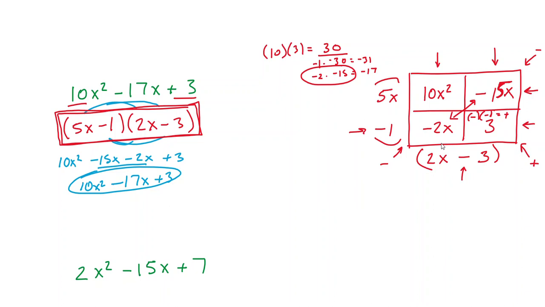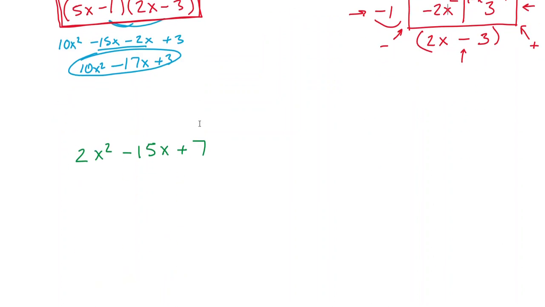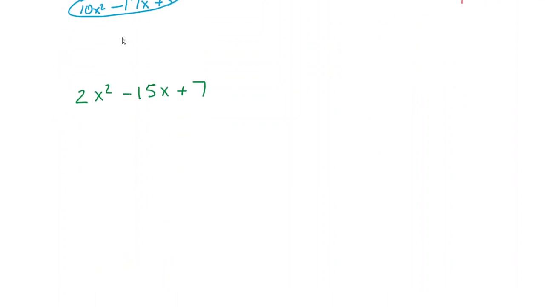Okay, does that make sense? I hope you're able to follow, that's not too big a deal. I want to point that out to you because that's the only little tiny trick in this method. Okay. Those people using the X method are probably laughing at me right now. That's okay. All right, let's do the last one.